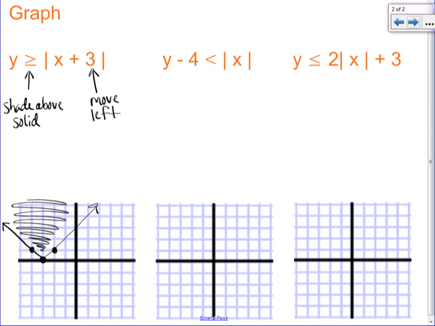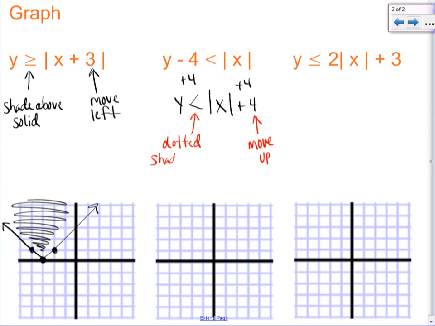Okay. Let's move this over. How am I going to write this? Is this going to be inside with the x or on the end? On the end. Yep. All right. Let's write some notes here. What do we know about this graph? It's going to be up 4. Okay. What do we know about this? It's going to be dotted.